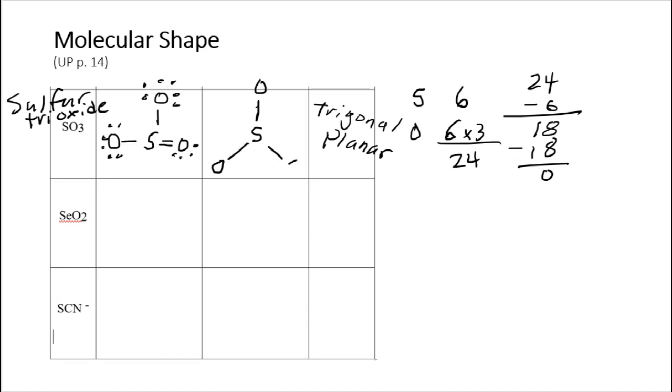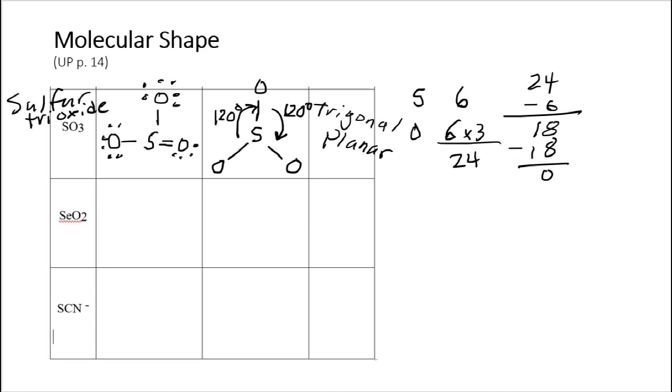Oxygen there and an oxygen there. And so the angle between each of these oxygens, the bond angle we call it, is 120 degrees. Right, 120 degrees. And it's in a plane, it's flat. This is a flat molecule.